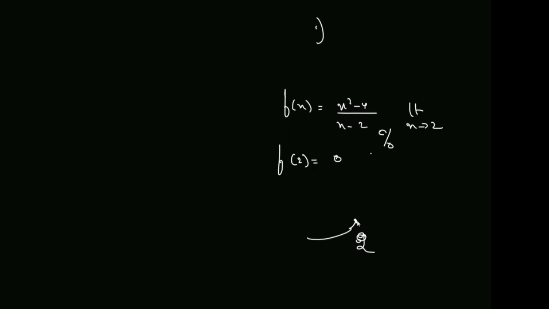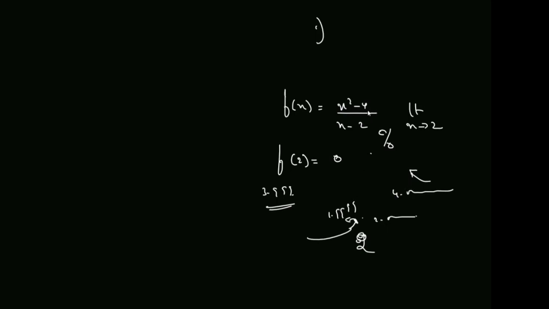But you can take a number left of 2, 1.99999, and you can take a number right of 2, that is 2.0001, substitute it here and check what do you get, approximately 3.9 something like that. Left limit will be approaching this and right limit will be reaching 4.001. So we say the left hand side the function is approaching 4, right hand side the function is approaching 4, therefore the limit is 4.